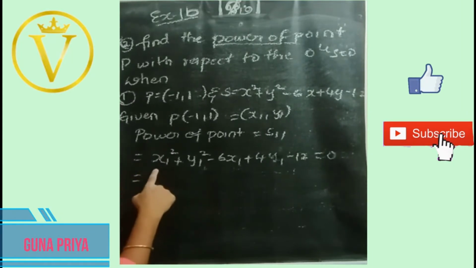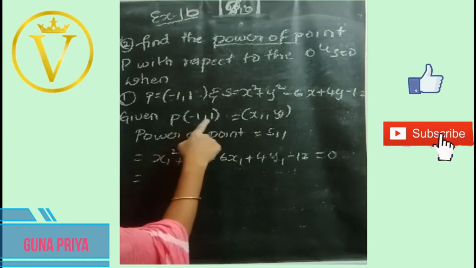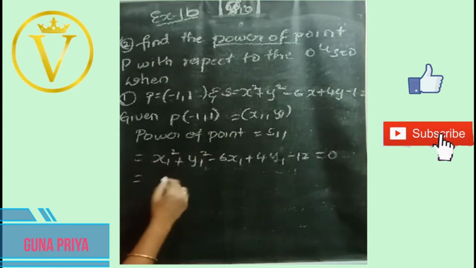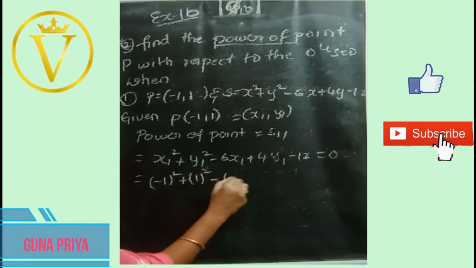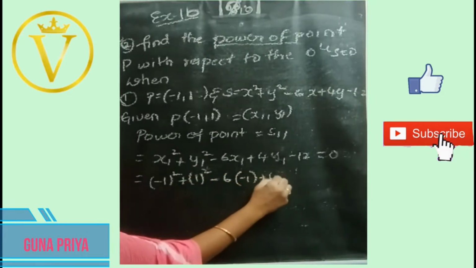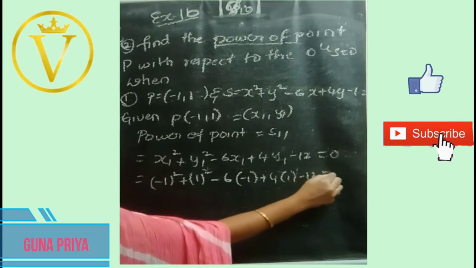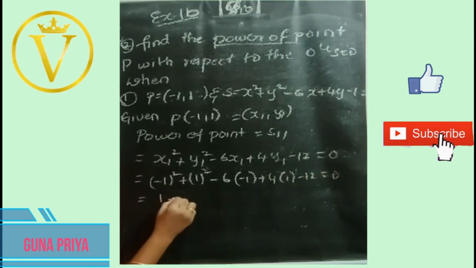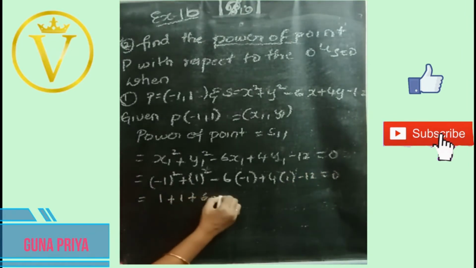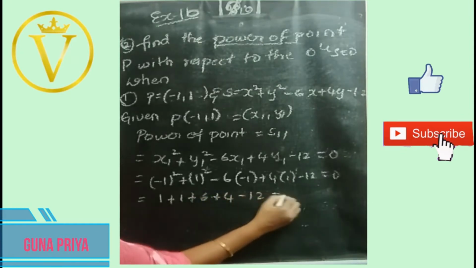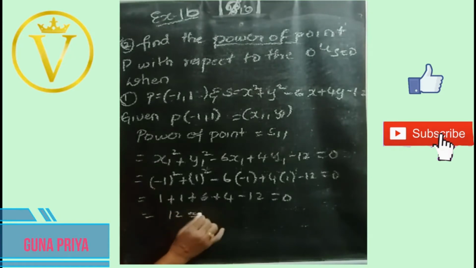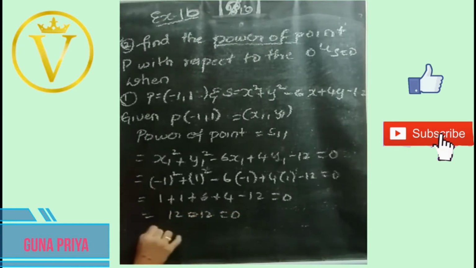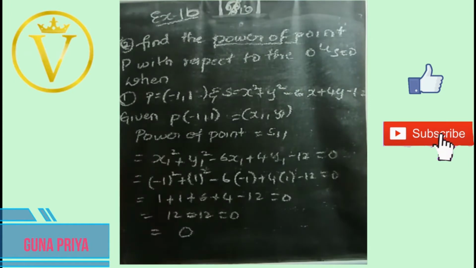Okay. Now substitute -1 in the place of x1 and 1 for y1. Minus 1 whole square plus 1 whole square minus 6 into minus 1 plus 4 into 1 minus 12. So 1 plus 1 plus 6 plus 4 minus 12, that is 12 minus 12, that means 0. The power of point of the given question is 0.